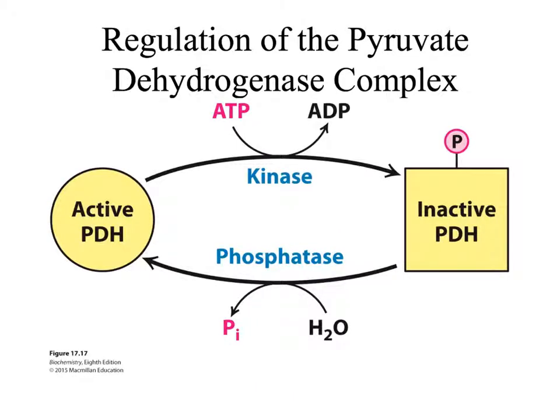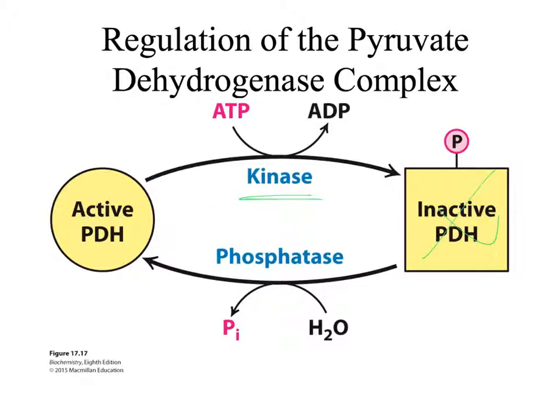Now the control or the regulation of that pyruvate dehydrogenase complex is going to be through this kind of on-off switch based on phosphorylation of the complex. So the complex can be phosphorylated by pyruvate dehydrogenase kinase. And if that complex is phosphorylated, then it switches it off or inactivates it.